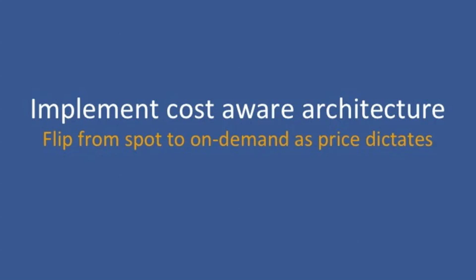And by having applications that read the spot market and decide when the market price is moving in a way that's non-favorable, they can move processing from spot resources to on-demand and then back again when the prices move back in their favor. And there are customers that are really doing this, leveraging the automation within AWS to achieve huge cost savings whilst not being interrupted as part of their workloads.